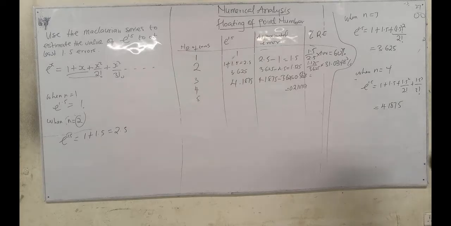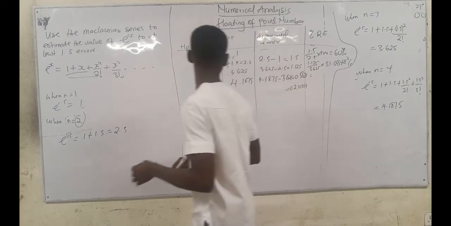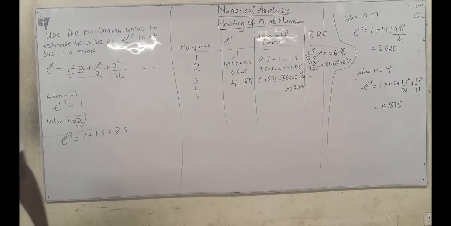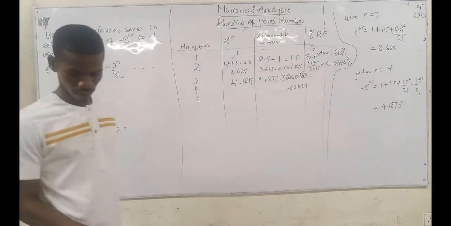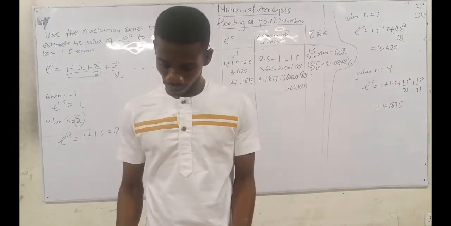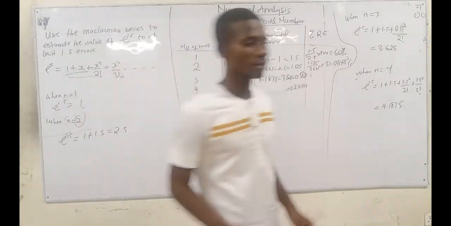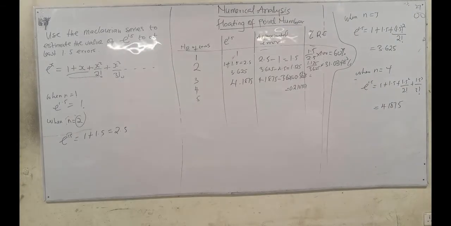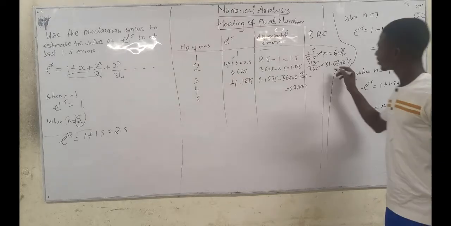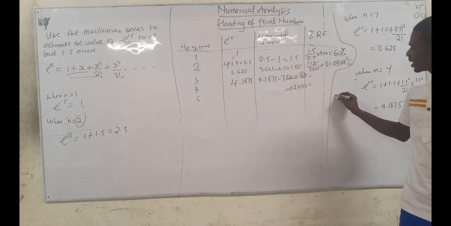So you can continue. The error percent that you want to get now should be something 1.5.